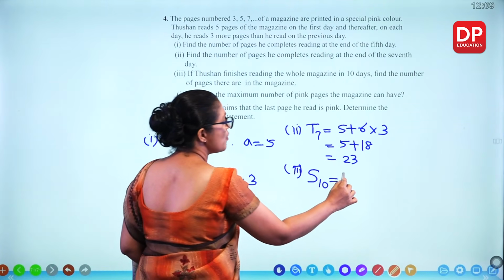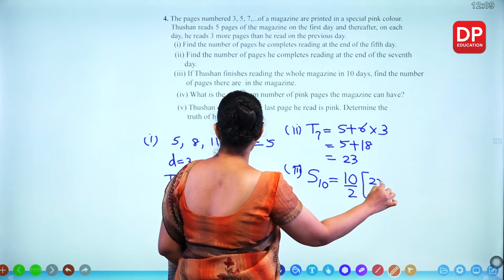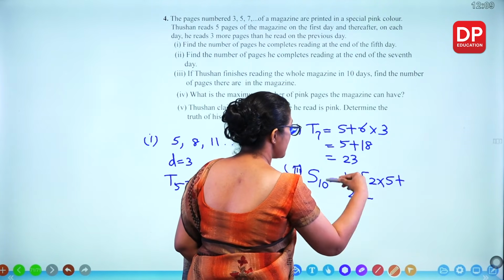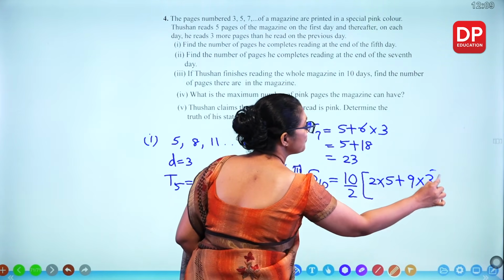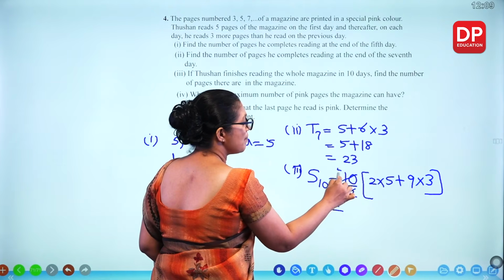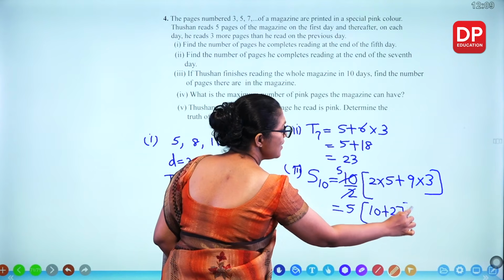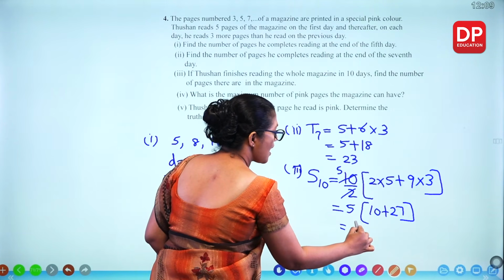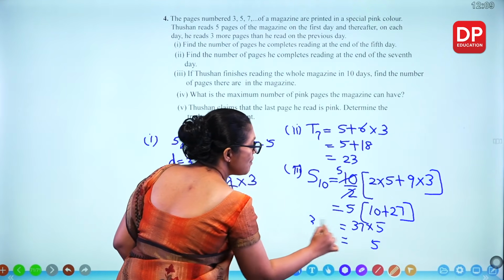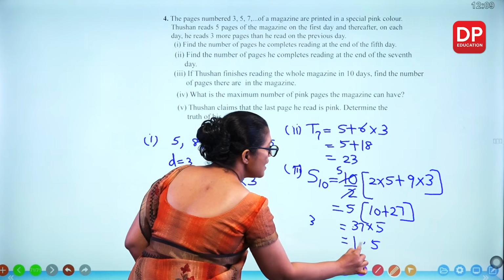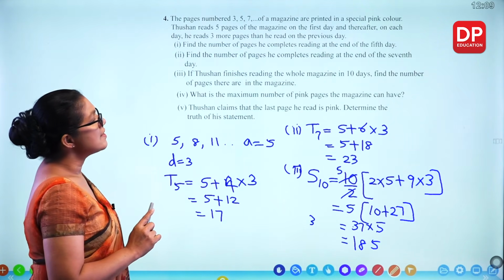So we can use this formula: n divided by 2, 2a plus n minus 1 into d. d equals 3. So the total number: 10 plus 27 is 37 times 5. 35, 3 remaining, 5 times 3, 15 plus 3, 18. So 185 pages in that magazine.